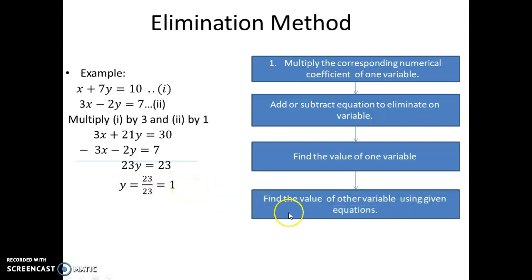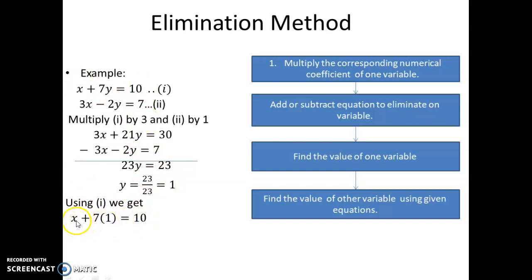What does my fourth step say? Find the value of the other variable using the given equations. I can use either equation 1 or 2 and put this value of y in it. So I am taking equation number 1: x plus 7 and the value of y is 1, so I put y equal to 1 here, equal to 10 as it is.